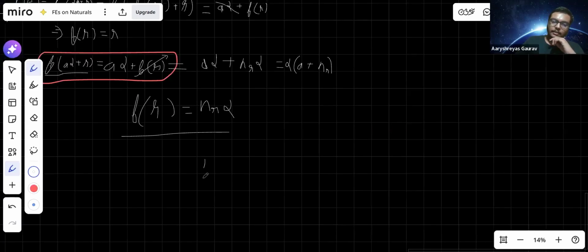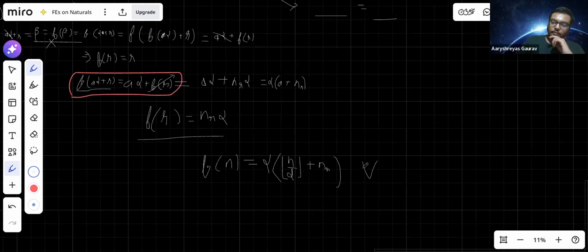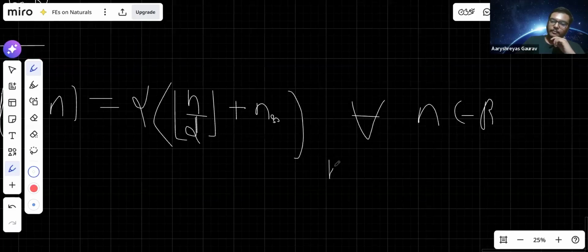So in the end, we can generalize it as f of n is a multiple of alpha, where we are adding the floor of n by alpha plus some other n_r where this n_r can be anything, for all n belonging to natural numbers. Well, the n_r are actually predefined.